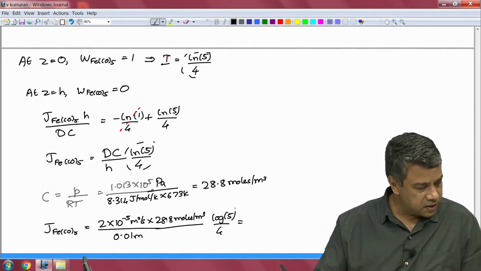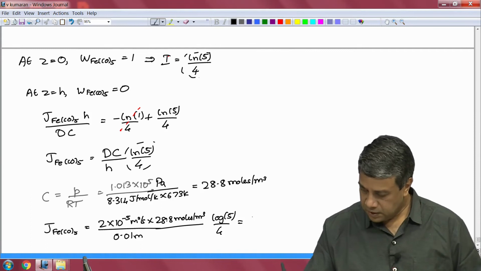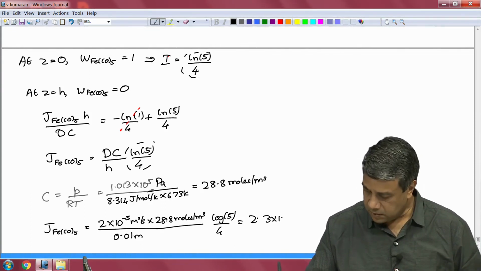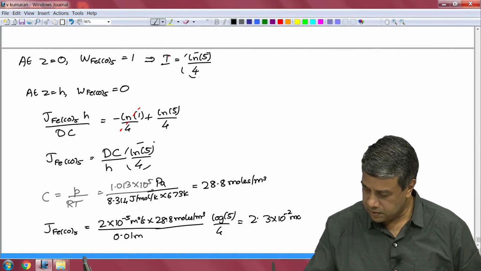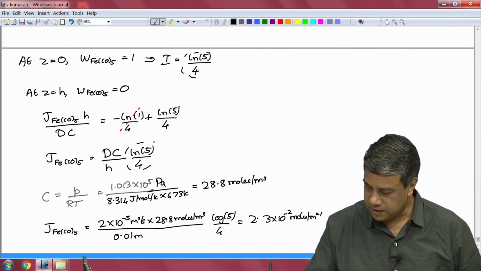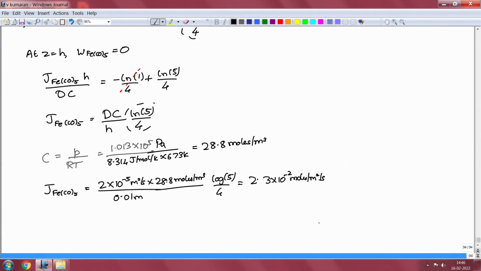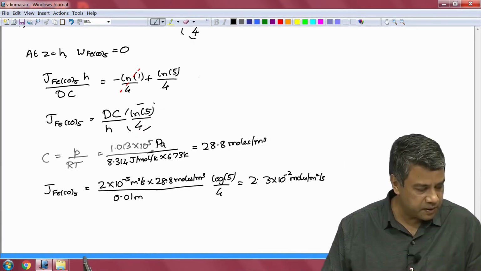This turns out to be equal to 2.3 into 10 power minus 2 moles per meter square per second. So, that is the flux.